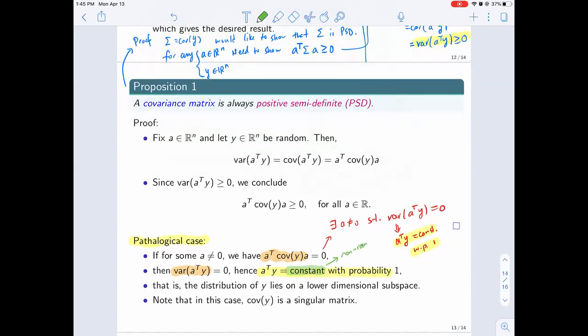And this is a pathological case because Y is a random vector. Generally, it's just distributed over the whole space, R^d. But in this case, Y basically lies on a lower dimensional subspace. It could, for example, lie on a plane, or on a hyperplane.